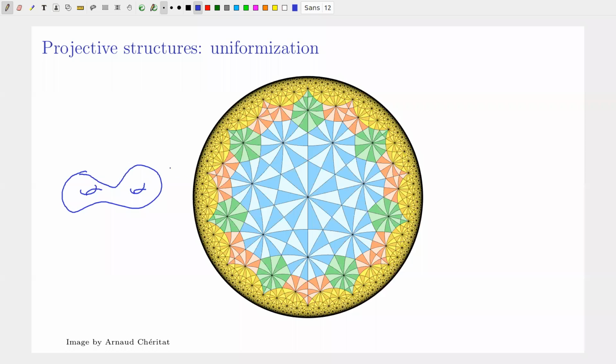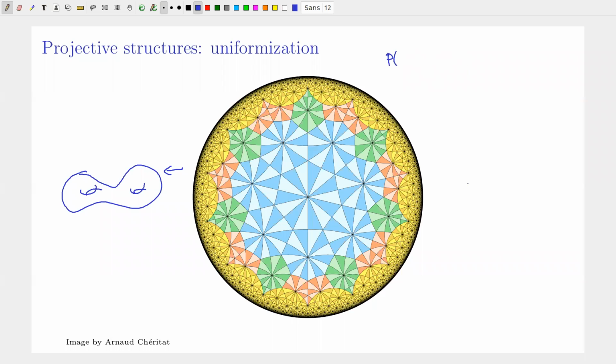This is an image by Arnaud Chéritat doing this. All these transformations that are isometries of the Poincaré disk actually extend to the whole projective line as projective transformations. We have here PU(1,1), sitting inside PSL2C.